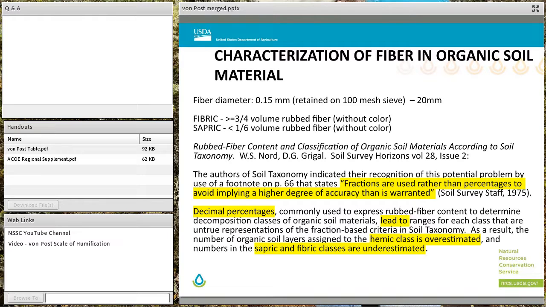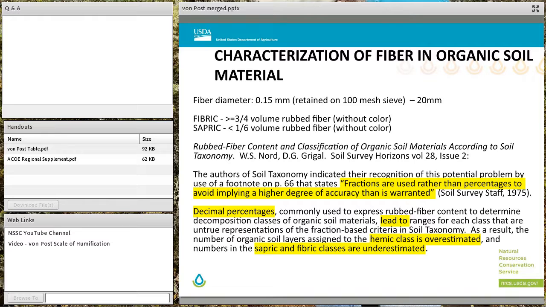There was a paper in Soil Survey Horizons, and it's quite old, but the authors brought out this note from Soil Taxonomy, and this is in the old version, the green version, page 66, where it states, fractions are used rather than percentage to avoid implying a higher degree of accuracy than is warranted.